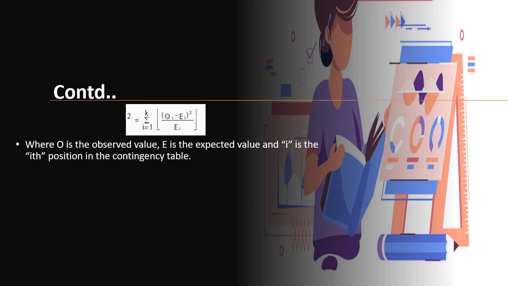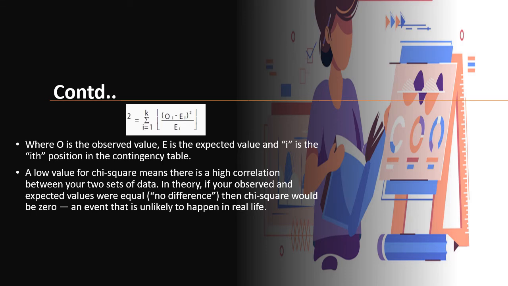Here O is the observed value, E is the expected value, i is the ith position in the contingency table. A low value for chi-square means there is a high correlation between the two sets of data. In theory, if our observed and expected values are equal, then chi-square would be 0, which is unlikely to happen in real life. There is no way that two data sets can be rendered equal.